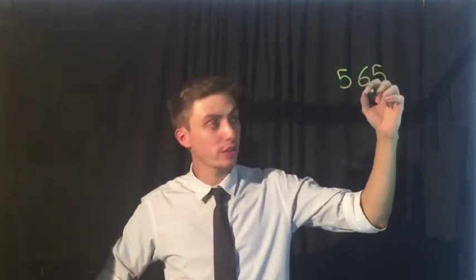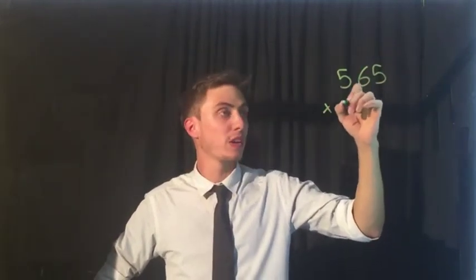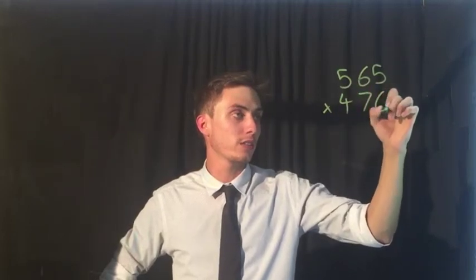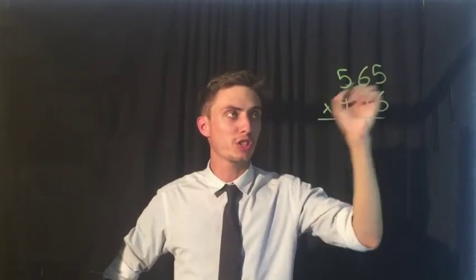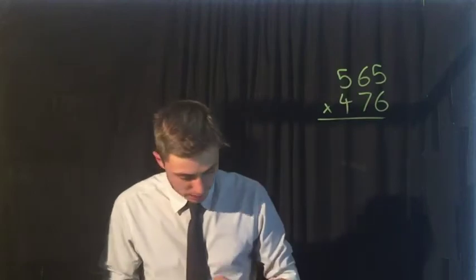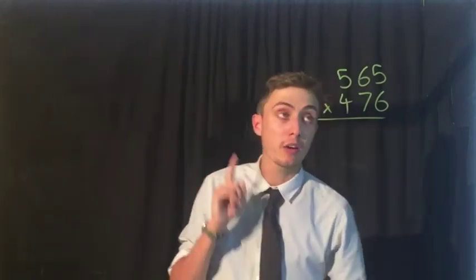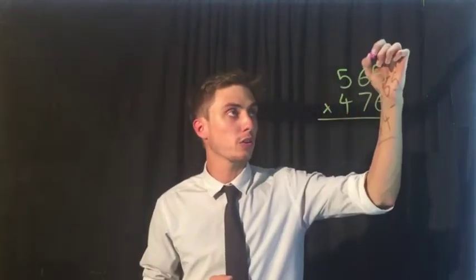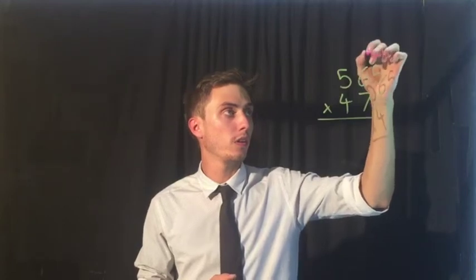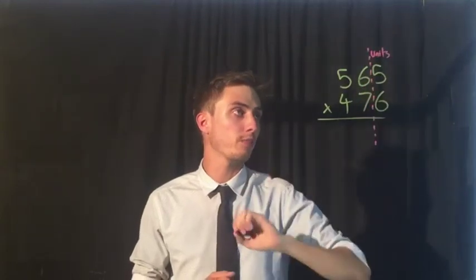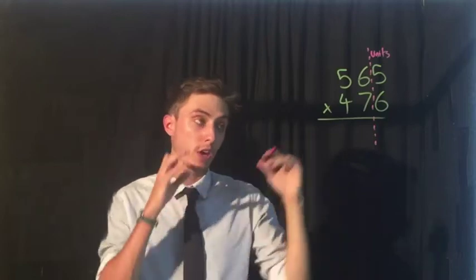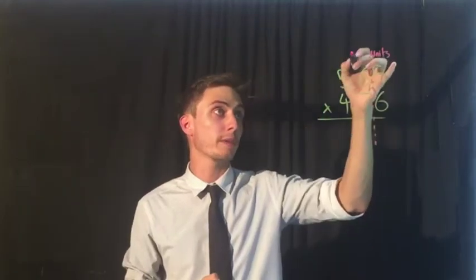Here we have 565 times 476. 1, 2, 3 digits, 1, 2, 3 digits, great. Okay, in our head space now, we're thinking, this is our units column. And we might even draw the column if we need it to help us draw our numbers neatly.